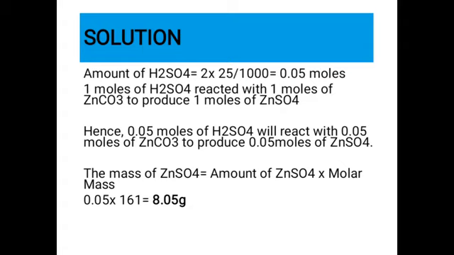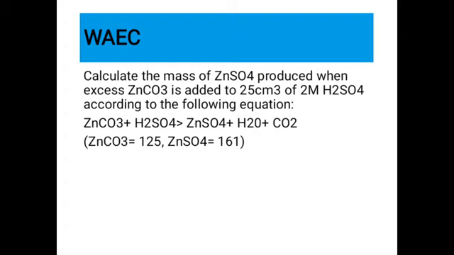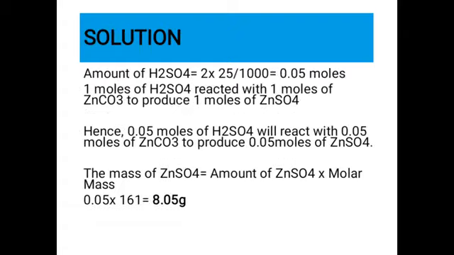So the actual moles of ZnSO4 is 0.05 mole. To now find the mass, mass is amount multiplied by molar mass. From that question we are given the molar mass to be 161. So multiply by the amount, that's 8.05 gram.